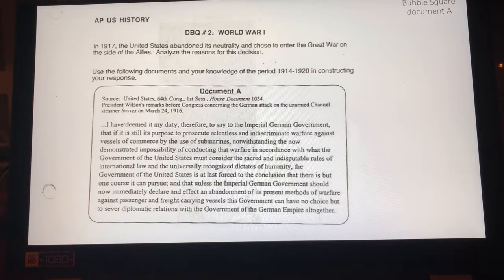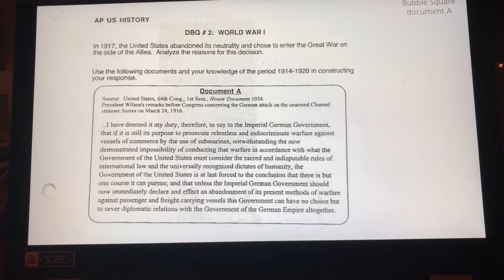I have deemed it my duty, therefore, to say to the Imperial German government that if it is still its purpose to prosecute relentless and indiscriminate warfare against vessels of commerce by the use of submarines, notwithstanding the now demonstrated impossibility of conducting that warfare in accordance with what the government of the United States must consider the sacred and indisputable rules of international law and the universally recognized dictates of humanity.